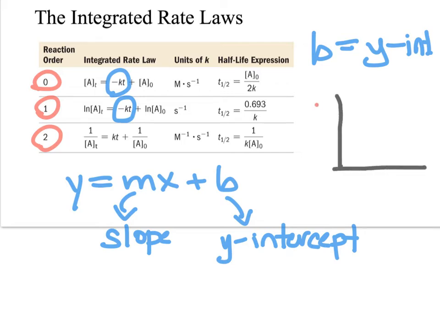Let's look at a plot here. The y-intercept is the place where the line crosses y when x is equal to 0.